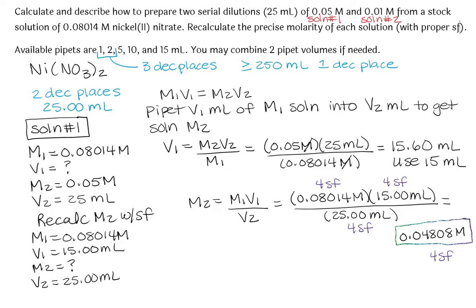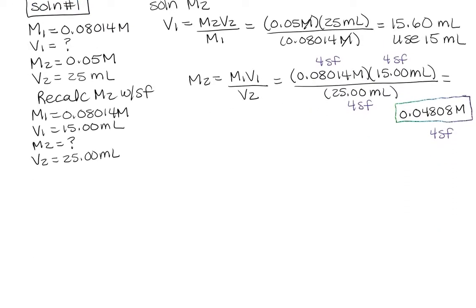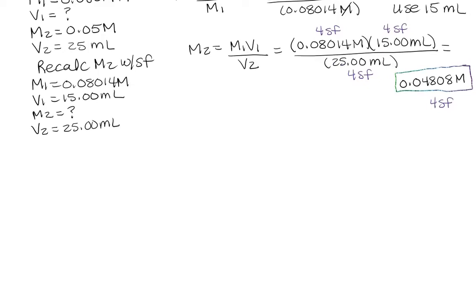We're going to do the same types of calculations for solution number 2. And our molarity that we're trying to get is about 0.01. So we'll set that up now. So we have solution 2.